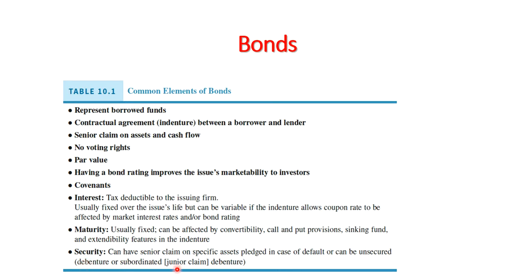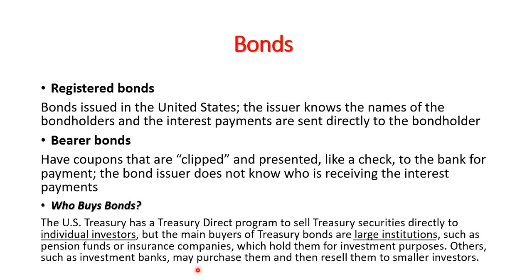Security can have a senior claim on a specific asset pledged in case of default, in case of bankruptcy. So this is what we are calling subordinates. So those were the common characteristics of bonds.